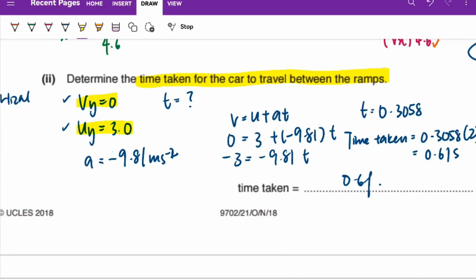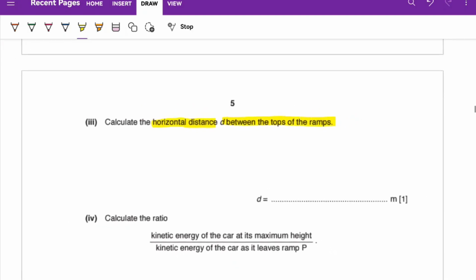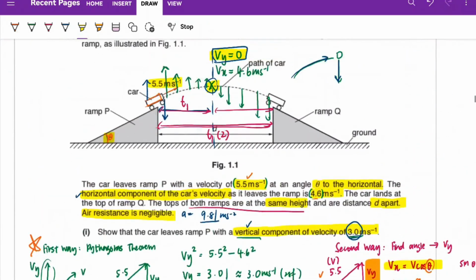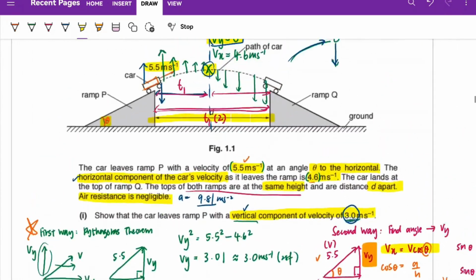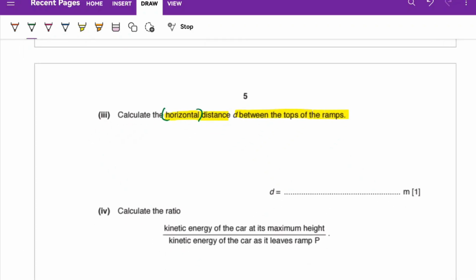Now, they want us to calculate the horizontal distance between the tops of the ramps. That means they want to calculate this. We know our velocity horizontally, because they ask for horizontal distance. That means we can make use of our horizontal velocity. Our horizontal velocity is 4.6 meter per second.